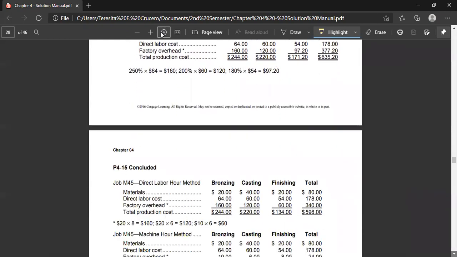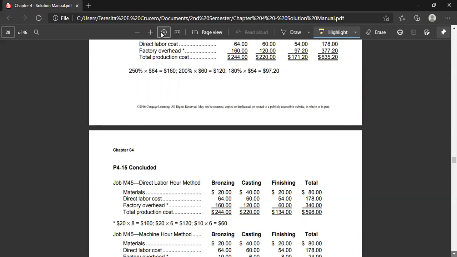We are asked for the requirements in problem 16. We begin with: determine the under or over applied overhead for each production department. Hint, first you must distribute the service department's cost.